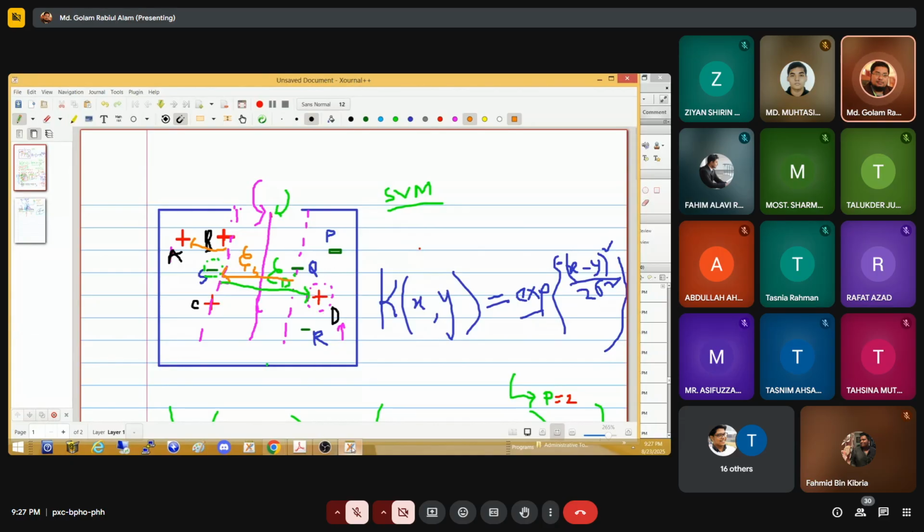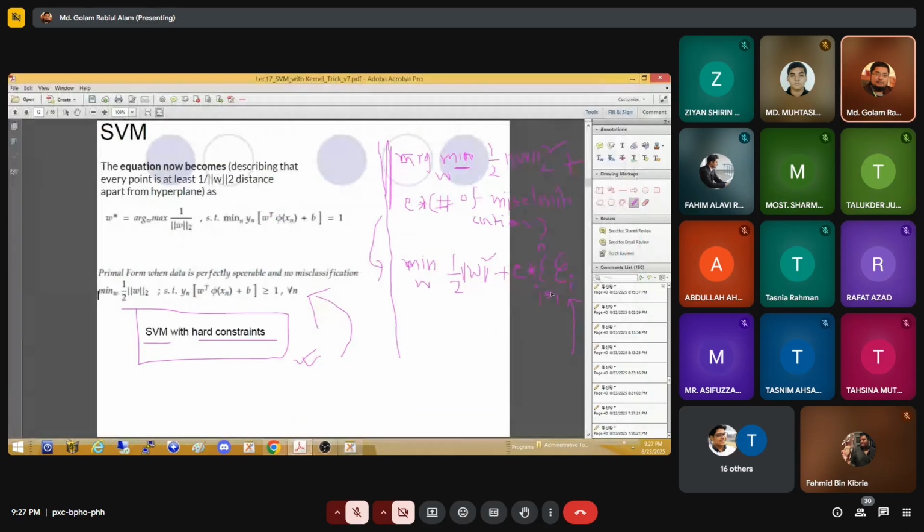So that's why we can see from here, for each and every data point, sometimes we will get the slack value 0 and sometimes we will get the slack values, specifically when those are misclassified, okay. Those are misclassified.